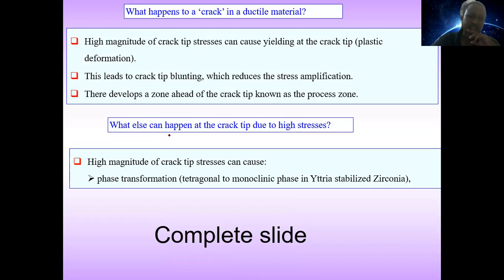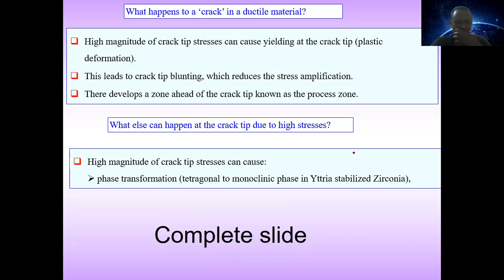What else can happen at the crack tip due to high stress? High magnitudes of crack tip stress can cause a phase transformation, that is tetragonal to monoclinic phase in yttria-stabilized zirconia.